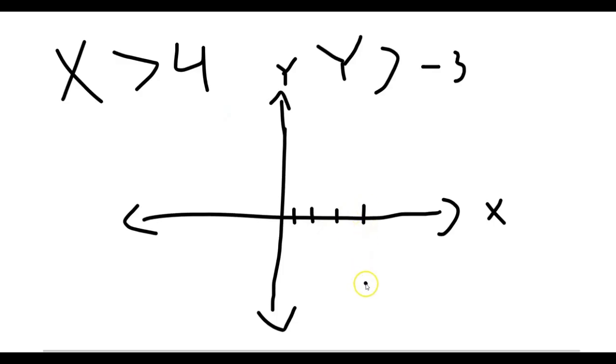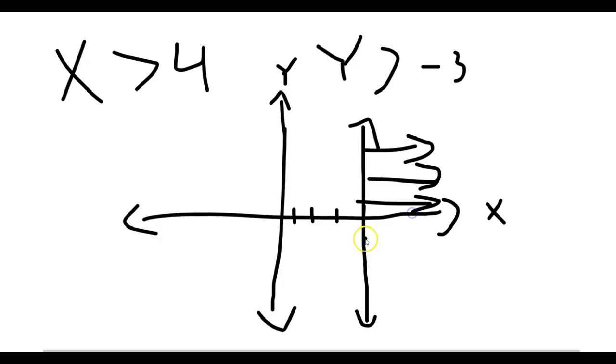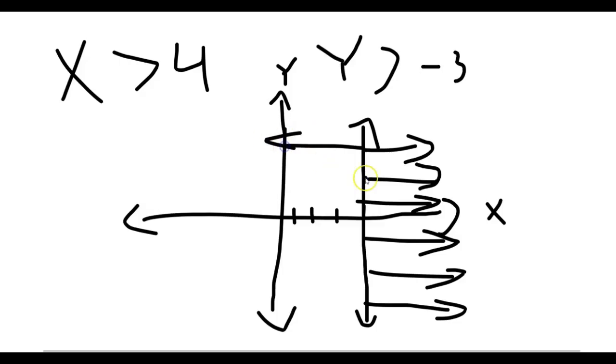And we would draw our line right here on our 4. And since x is greater than, we would have our arrows facing here to the right. But if it was the other way around, where 4 was greater than x, then it would go this way. But in this situation, this is how you would graph it.